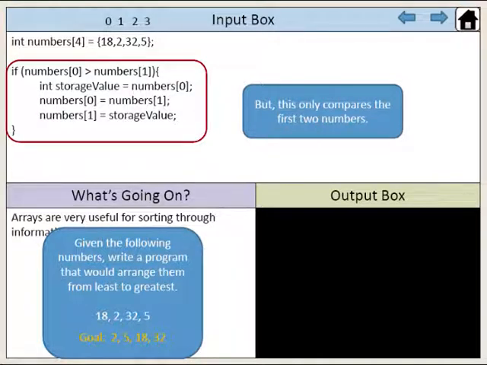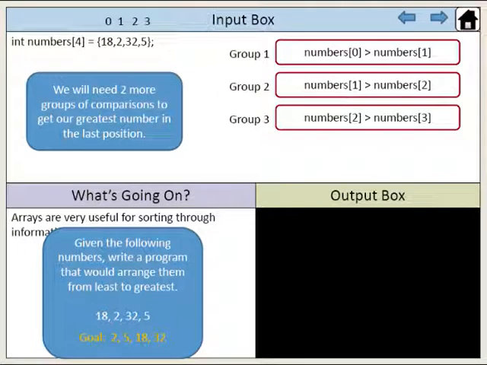But this only compares the first two numbers. We would need two more groups of comparisons to get our greatest number in the last position.